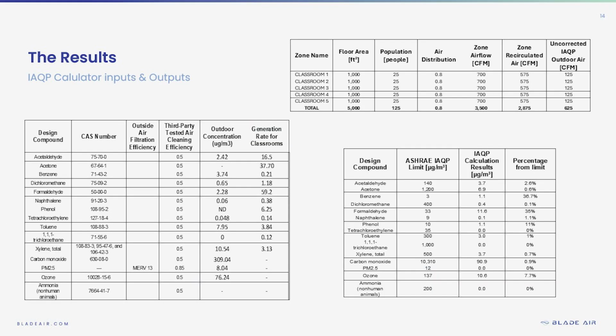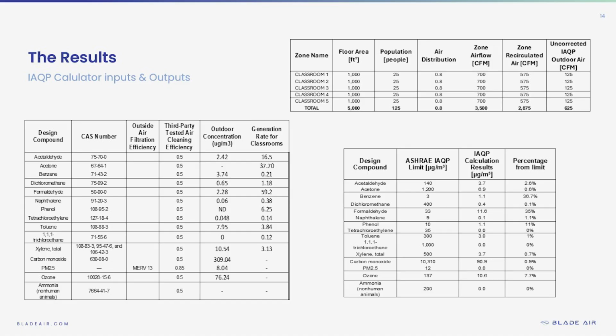Here are the results. Now that we understand what is happening, I'll show you the inputs and outputs of the numbers that are being inserted into the calculator. In the top right, you can see I've inputted our 5 classrooms, the same 3,500 CFM of supply air, and it's distributed between the 5 rooms, so 700 CFM.